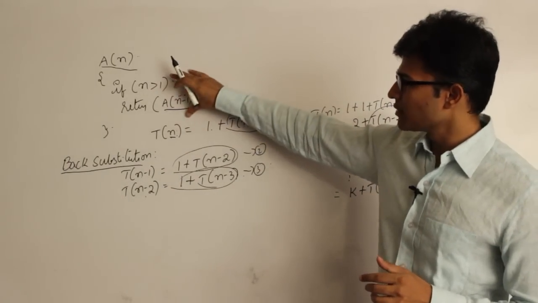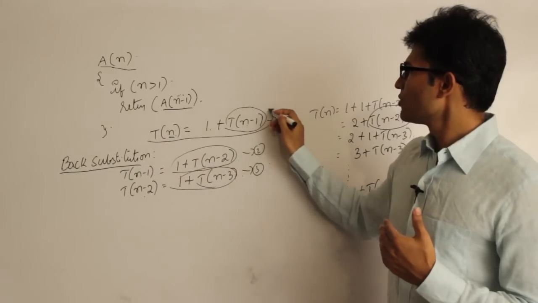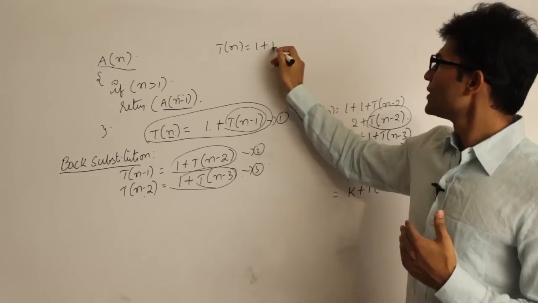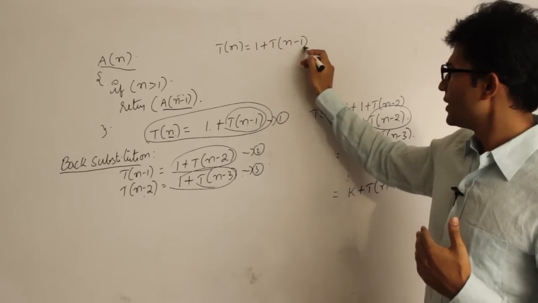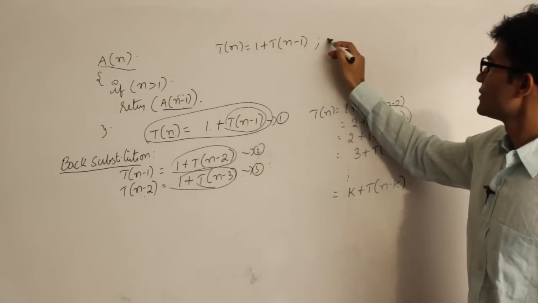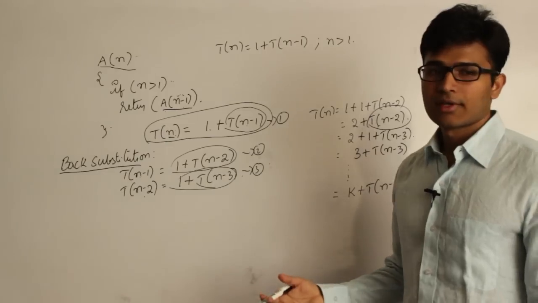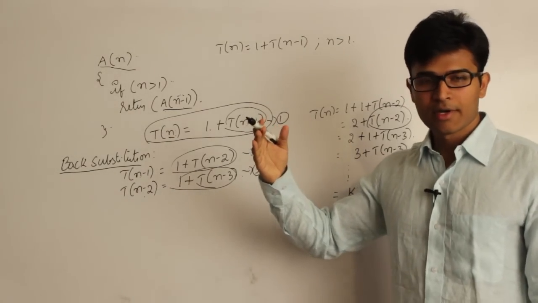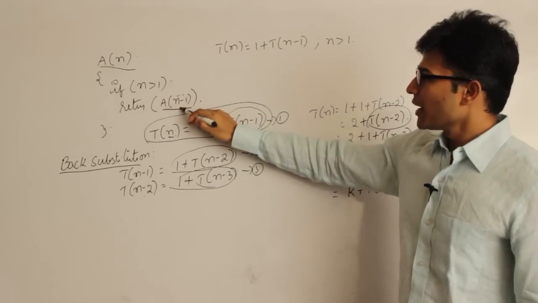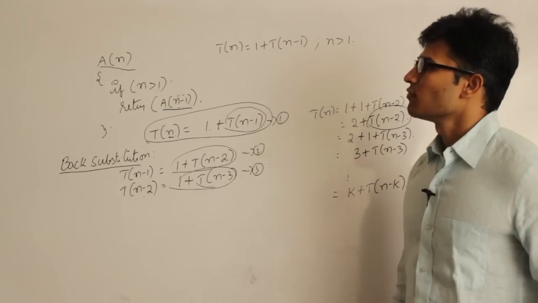So see, when is the algorithm going to stop? This equation, t of n equal to 1 plus t of n by 2, t of n equal to 1 plus t of n minus 1, is valid only when n is greater than 1, isn't it? Then what happens if n becomes 1? n is going to start from a very large number and gradually decrease, and at some point it is going to reach 1.